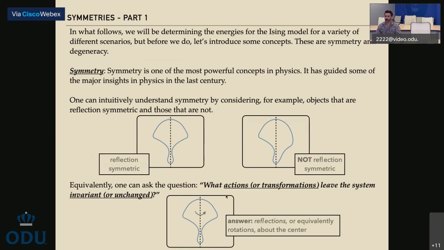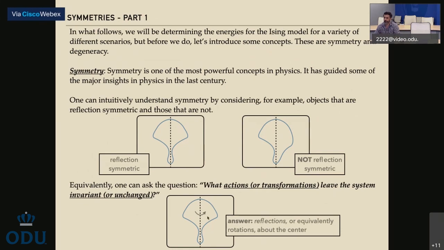Equivalently, one way that you can think about symmetries is in an active way, which is to ask yourself what actions or transformations leave the system that I'm considering invariant, or in other words, unchanged. What kind of operations or transformations or actions can I apply to the system so that it remains unchanged?